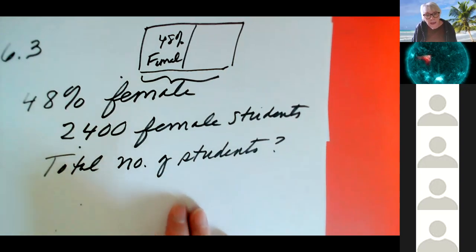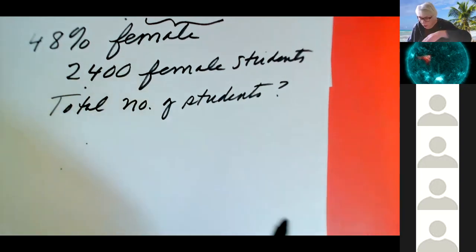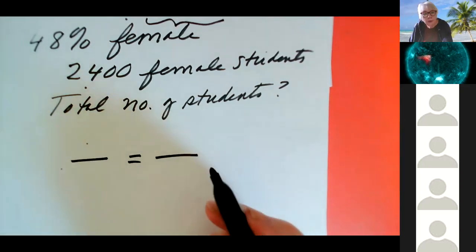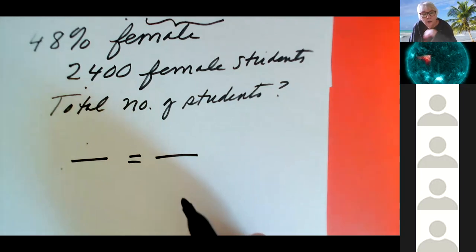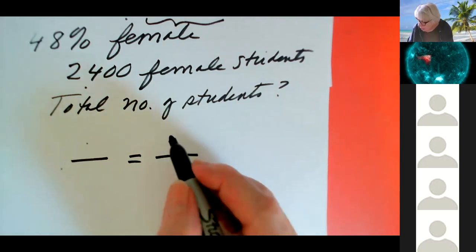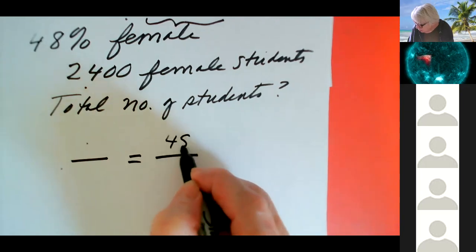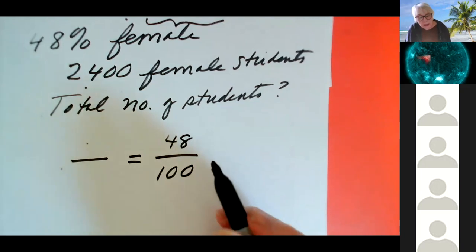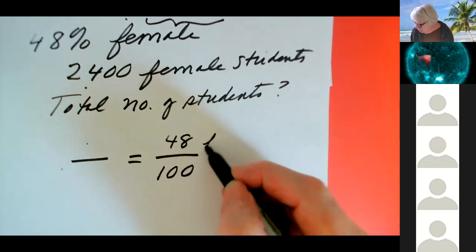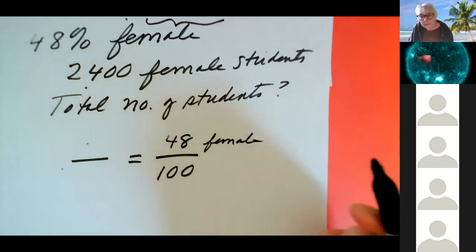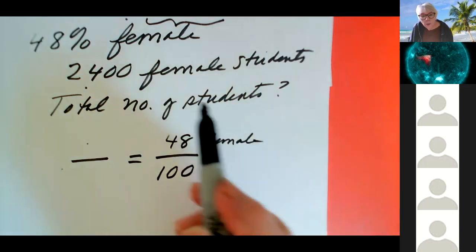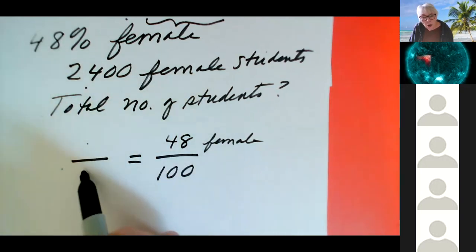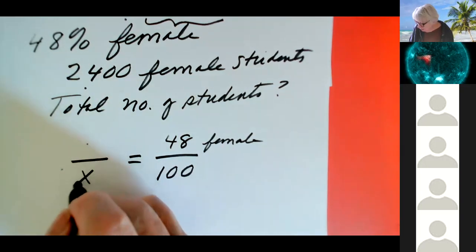Okay, let's try this approach this time. We want 48%, and this represents females, so don't forget that. We want the total number of students. Remember, the total number is here.